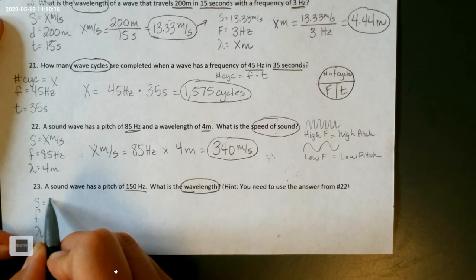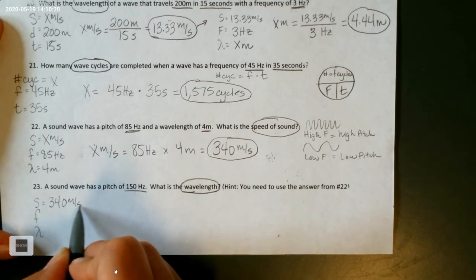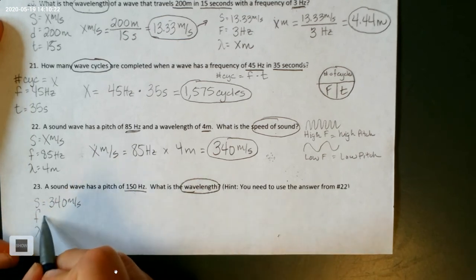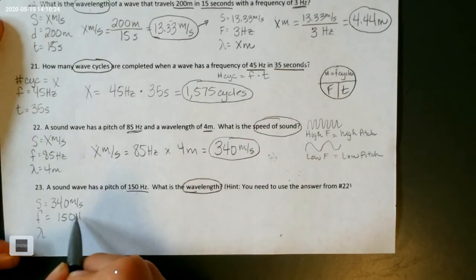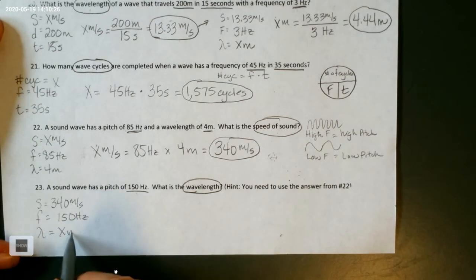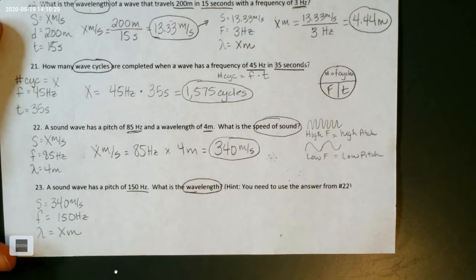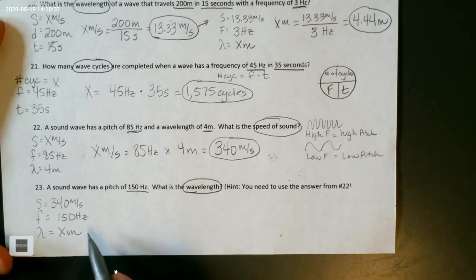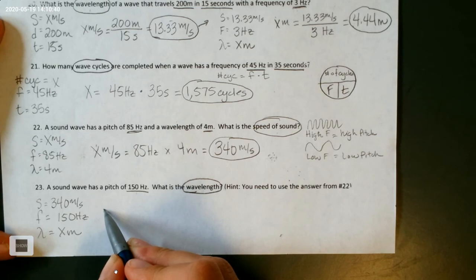We're using the 340 meters per second we just found. And then we have a frequency of 150 hertz. And we're looking for the wavelength in meters. So we're going to find out soon if this is going to be a higher pitch or a lower pitch sound wave. So X meters.